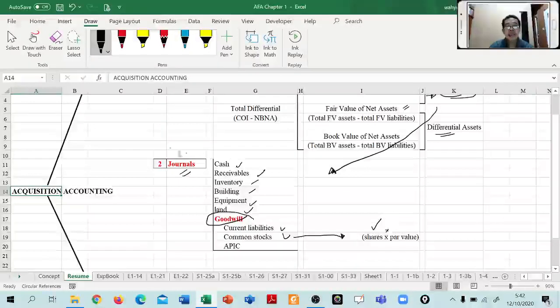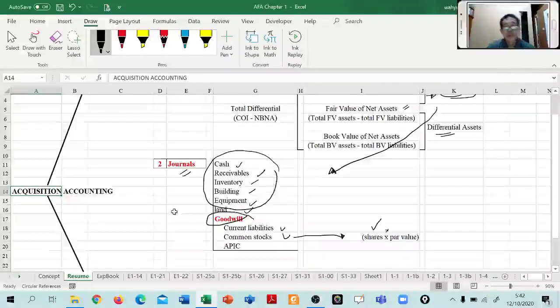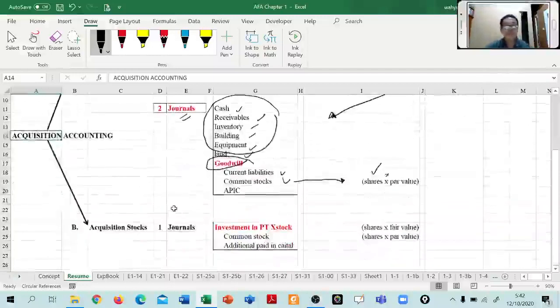Okay, and I remind you that cash, receivable, inventory, etc. depend on the question.